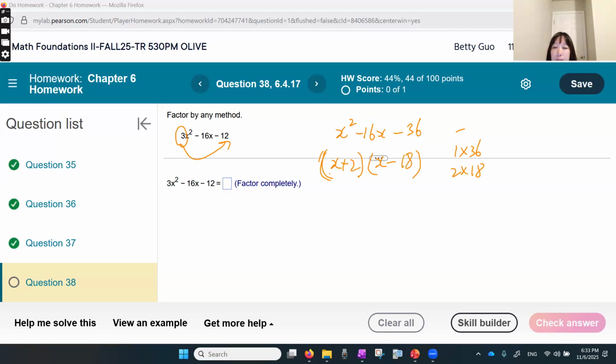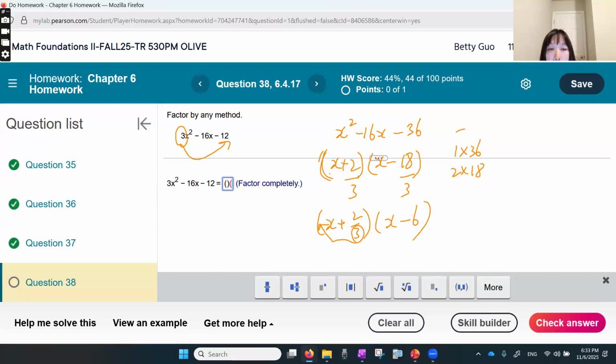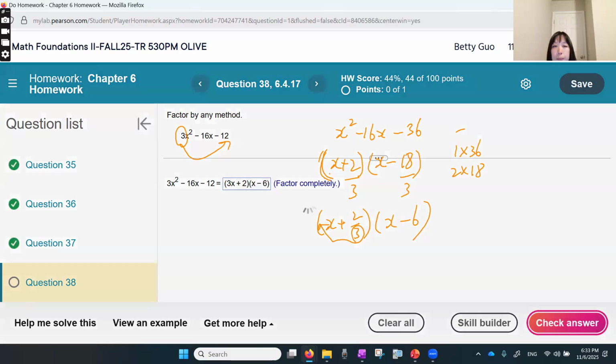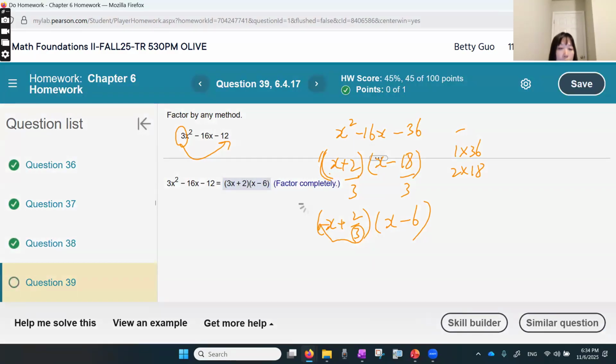Positive 2, negative 18 add up to negative 16. Okay, divide. Divided by 3: x plus 2 over 3, x minus 6. 18 divided by 3 is 6. Slide it back. So 3x plus 2, parentheses, 3x plus 2, x minus 6. Done. Right? Let me erase those.